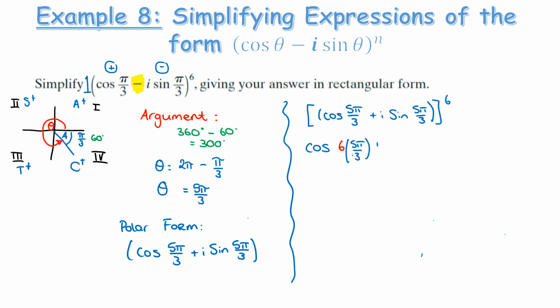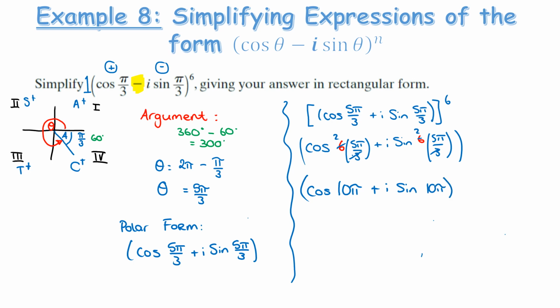That's also coming from our shortcut of multiplying complex numbers when they're in polar form. So that's 6 times 5π/3. When we work that through, we get a little bit of cancelling here, a 2 and a 2. The angles should always match, so this will always tell you if you're on the right track. So I have cos 10π plus i sin 10π.